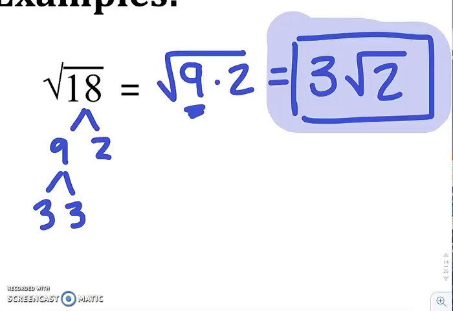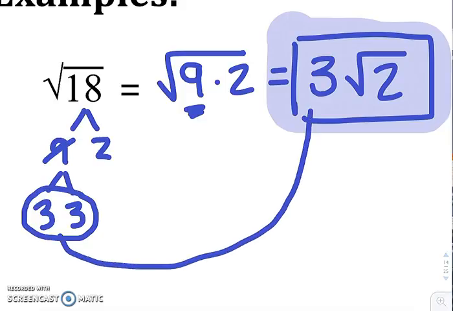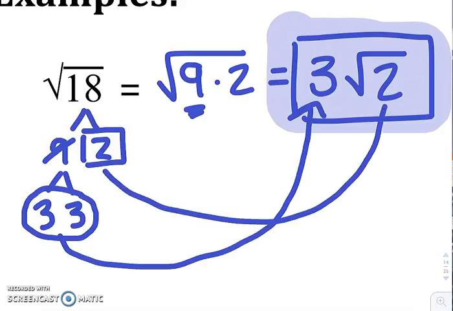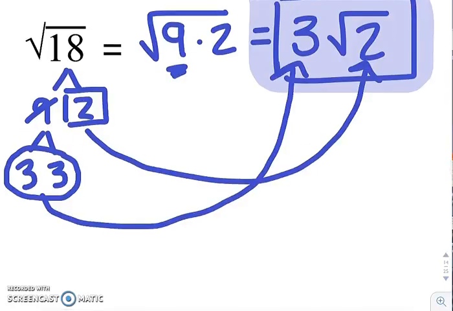We cancel out anything that we factored, but that pair is what represents the perfect square. And that one pair, even though there's 2 3s, it's just a single pair. So the pair is what comes out, and what's left by itself without a matching value or a pair is what stays underneath. So pairs out.